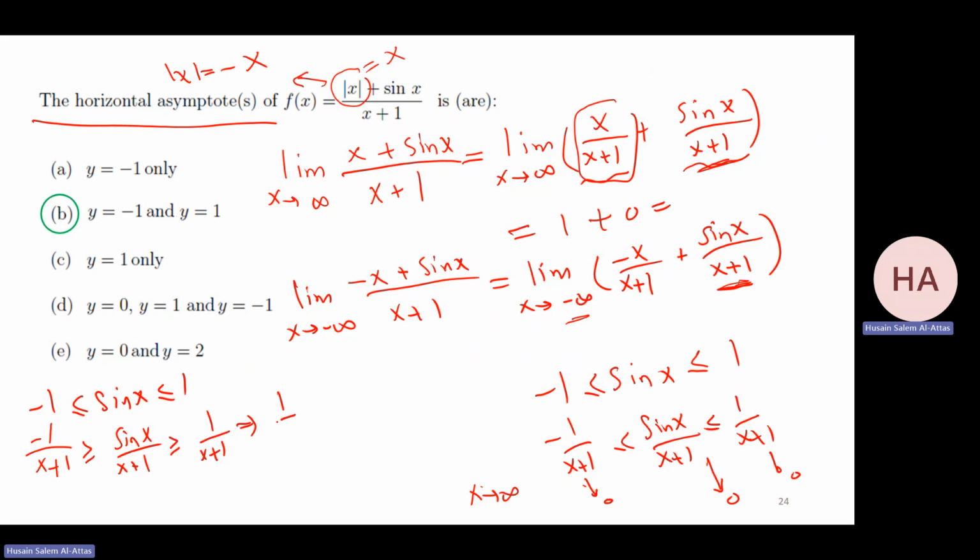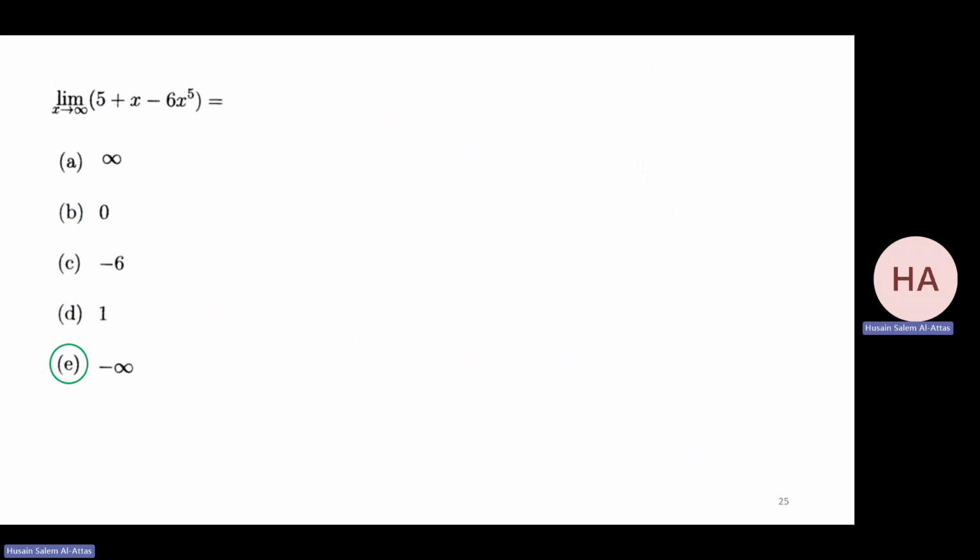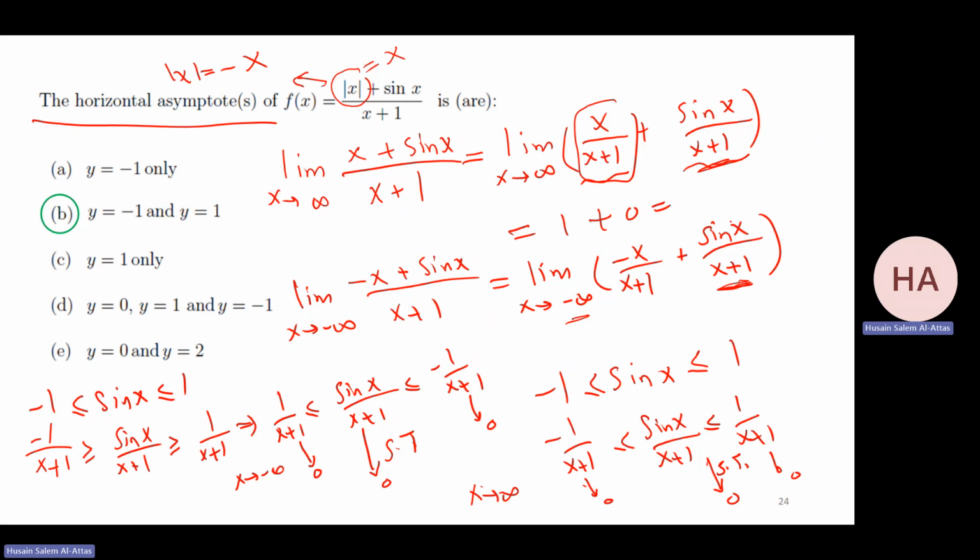So I can write 1 over x plus 1 less than. The positive will be here and the negative will be here, which will make no difference. And as x goes to minus infinity, this will go to 0. This will go to 0. So this goes to 0 by the sandwich theorem, or squeeze theorem. So this limit is also 0.